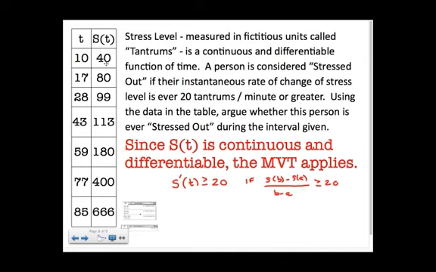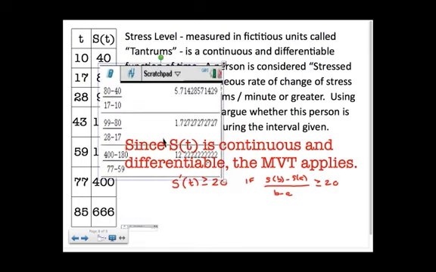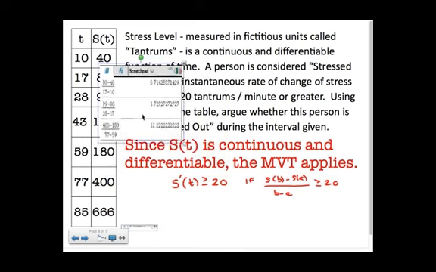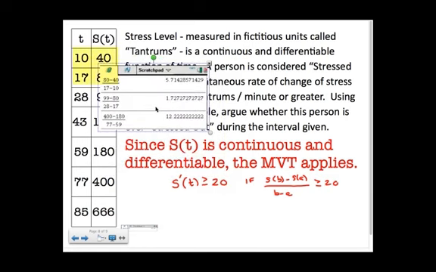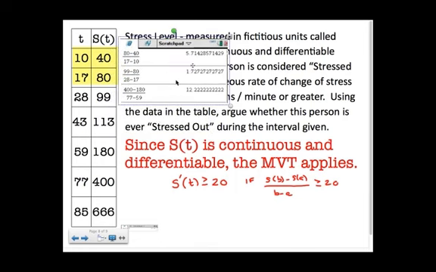What I'll do is pick different pairs of numbers in this table and find their average rate of change between those two pairs. So I did that for a few. Let me make this a little bit bigger so you can see. For example, for the first two ordered pairs, I did (80 minus 40) over (17 minus 10), and I get an average rate of change of 5.714.